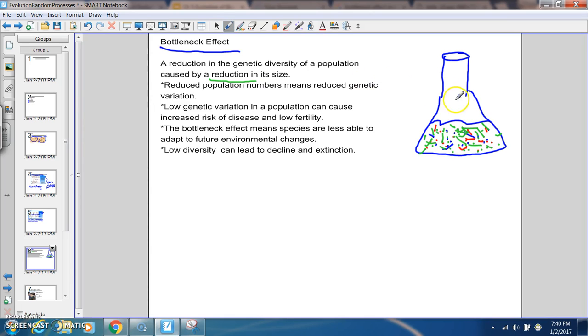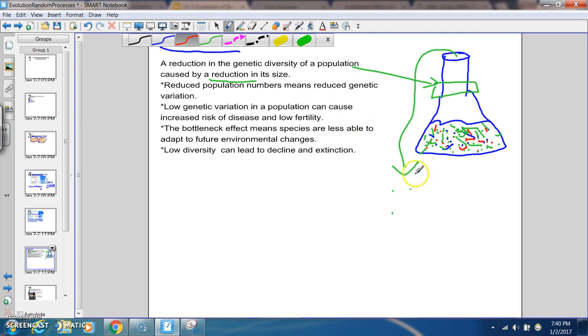What that means, this part of the bottle, is that pressure, that reduction. If we were to pour this out, because of that huge reduction in population, what you're left with is maybe something like this. And that's it. All the other variations in this original population and genetic diversity become reduced to this.